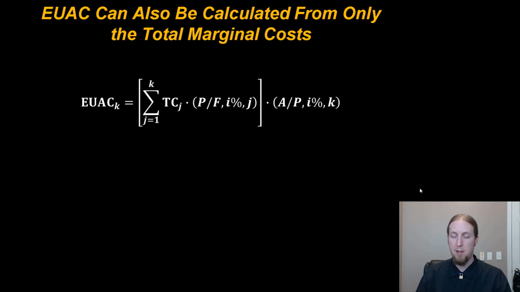We can start in year 1, calculate the total marginal cost associated with going from t equals 0 to t equals 1, and so on, each time converting it to a present value. And then once we add those all up using that summation, then we just convert it back to an annual worth using an A given P factor.